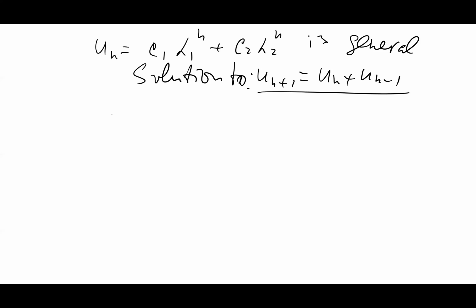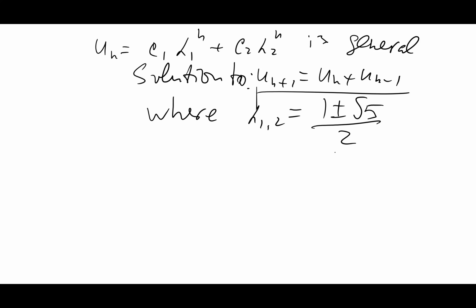It will be an identity, where lambda 1, 2 are what I gave before. This can be easily checked. We put this into the original equation, un plus 1 equals un plus un minus 1.